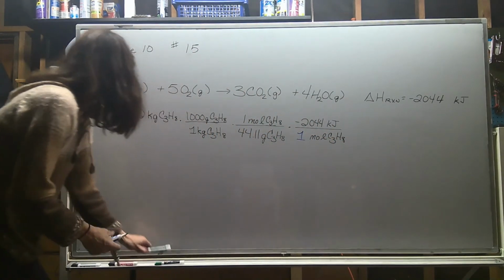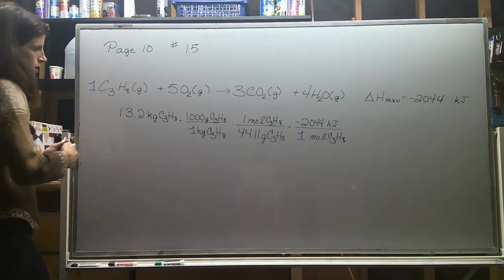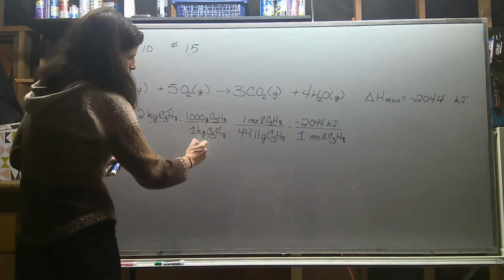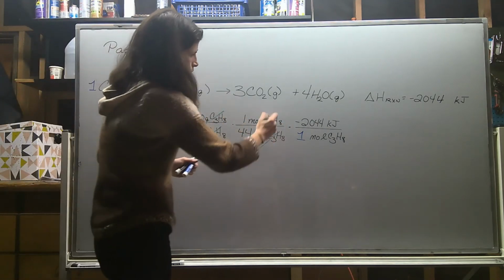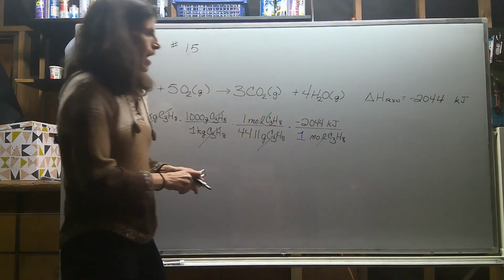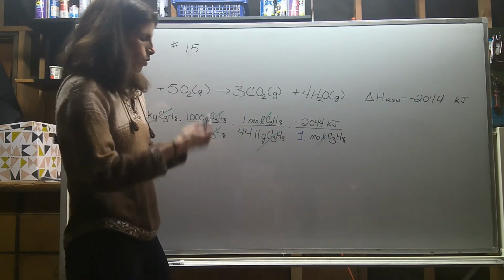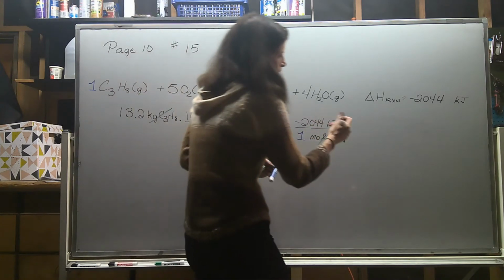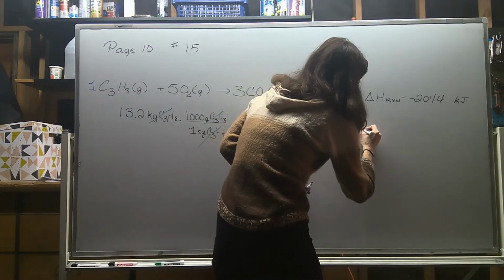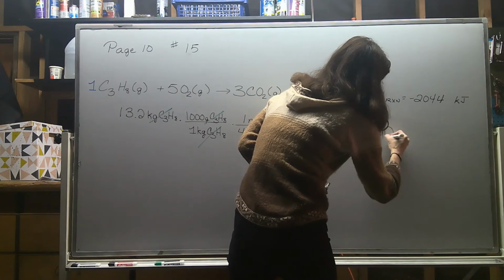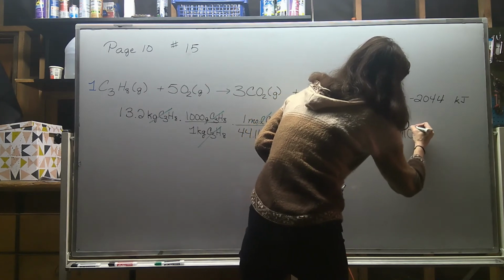Let's see how everything's canceling. So kilograms will cancel kilograms, grams with grams, moles with moles. And we have a negative value, makes sense. We're burning something, it's highly exothermic. And our answer here is going to be negative 6.12 times 10 to the 5th kilojoules.